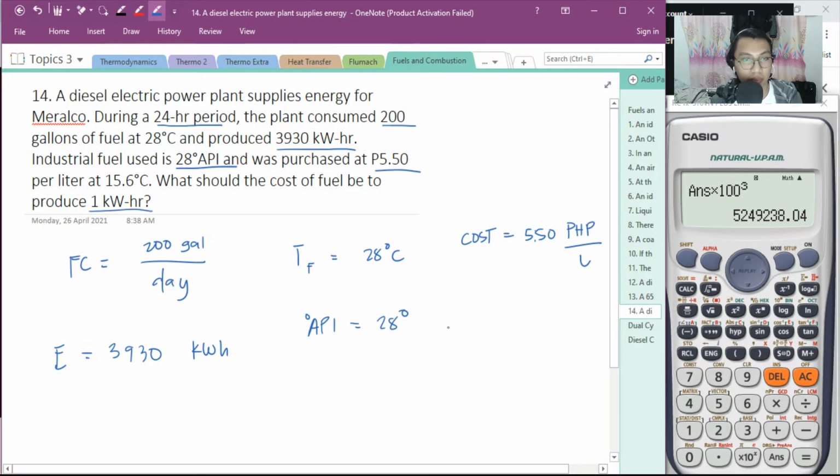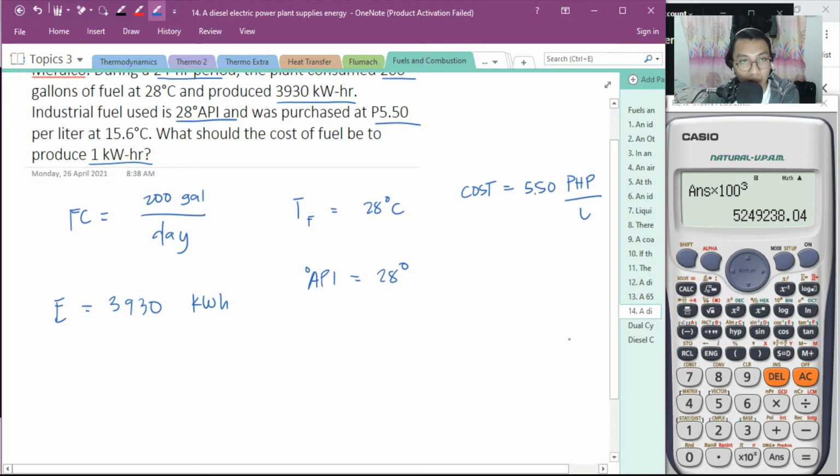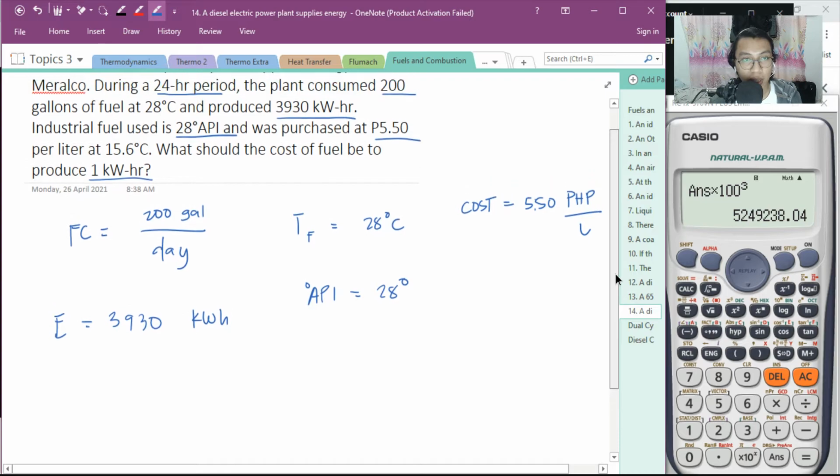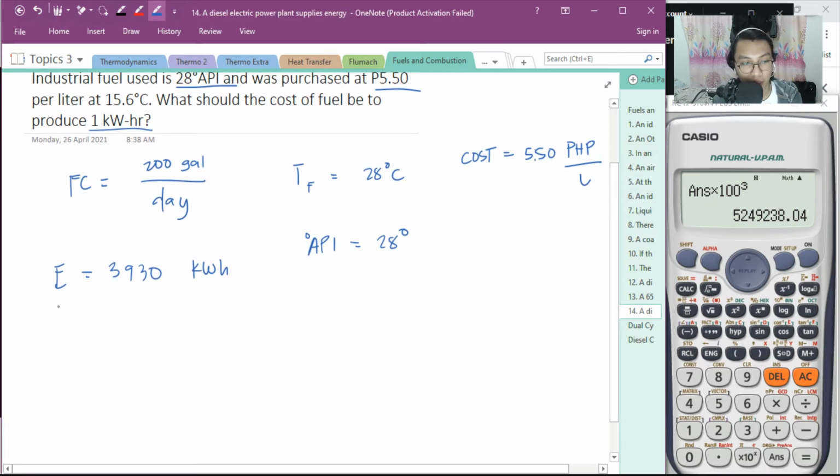Yun. Anong hinahanap mo dyan? Actually, pwede mo i-simplify itong energy na to in kilojoules. Okay? Yung energy that is produced is equal to the HHV of the fuel. Energy produced is equal to the QH. Ayan. Ito, pwede mo i-simplify yan. 3930 kilowatt hour.